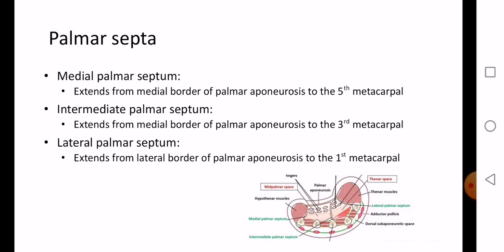From the medial border of the palmar aponeurosis to the 5th metacarpal, you will call it the medial palmar septum. And from the medial border of the palmar aponeurosis to the 3rd metacarpal, it is the intermediate palmar septum.